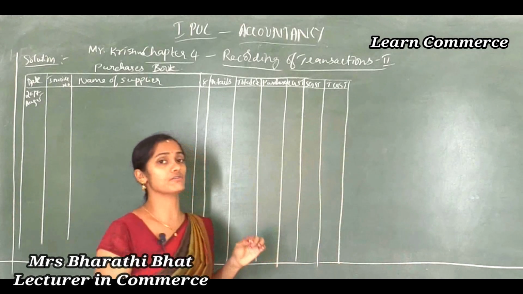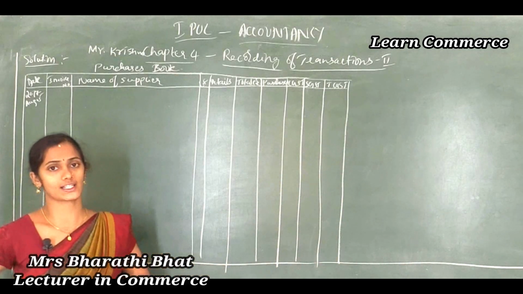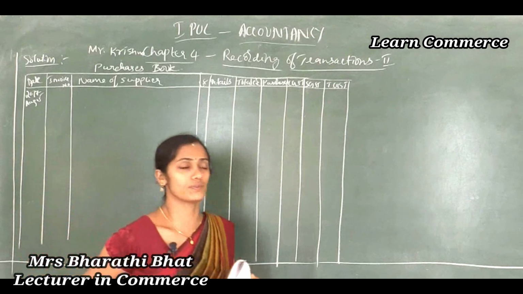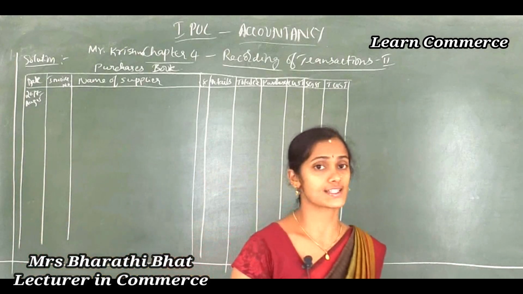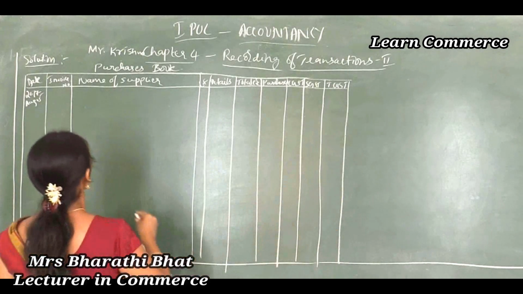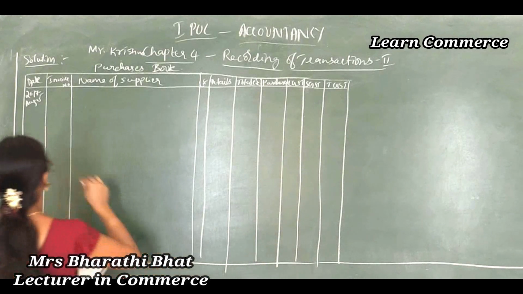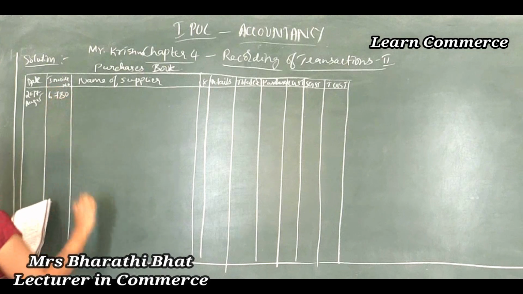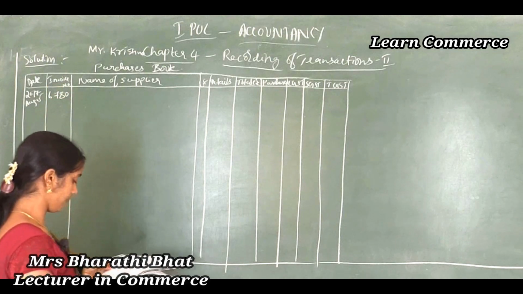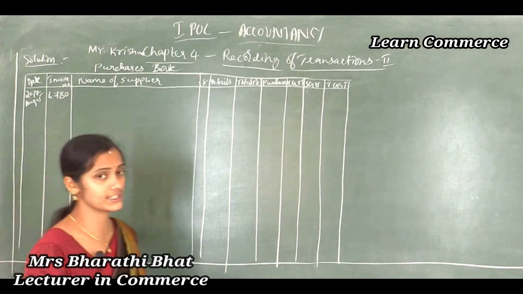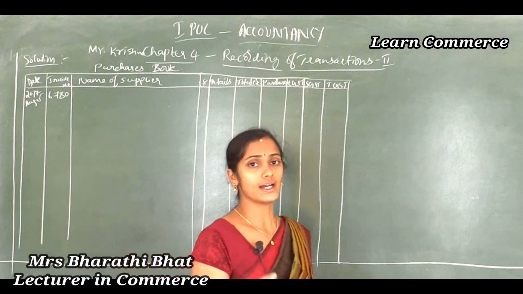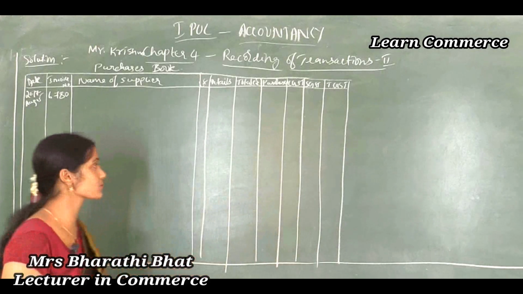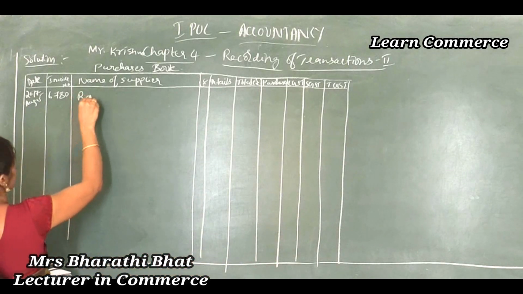Correct, right? If invoice number is not given in the illustration, what we have to do? Which number we have to give? Yes, we have to give serial numbers. Here invoice number is given, 6780, and who is supplier here? Purchased from Ramakant. So we have to write Ramakant name.